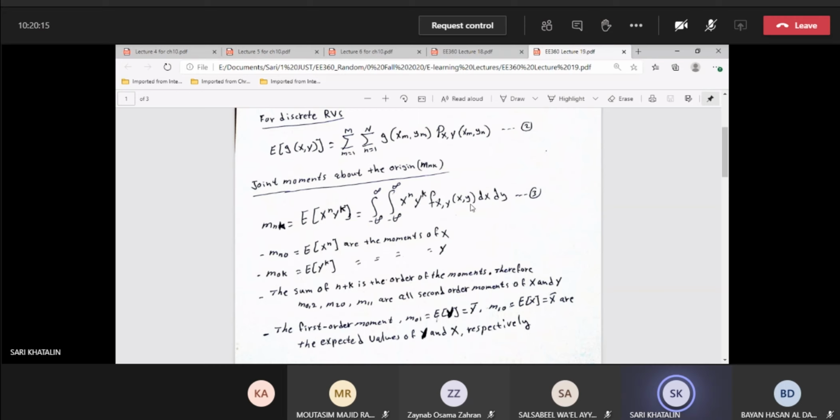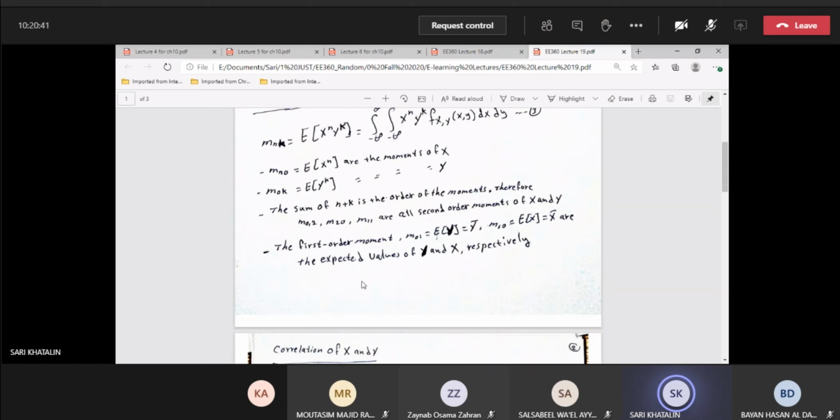And once we do the integration, we'll end up with the moments of X, because the integration of the joint PDF over Y will be 1, of course. The same thing: if you want to find the moments of Y from the joint moment, you will set N equal to 0.